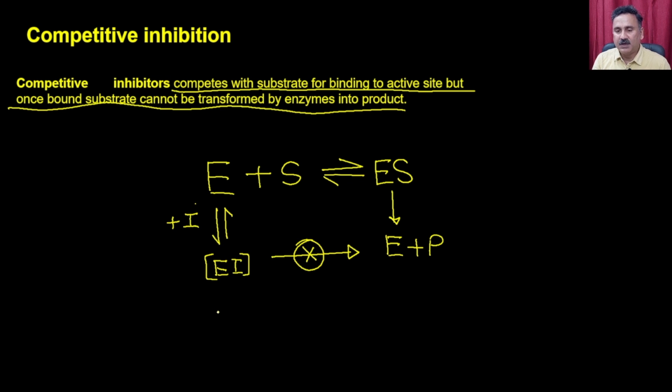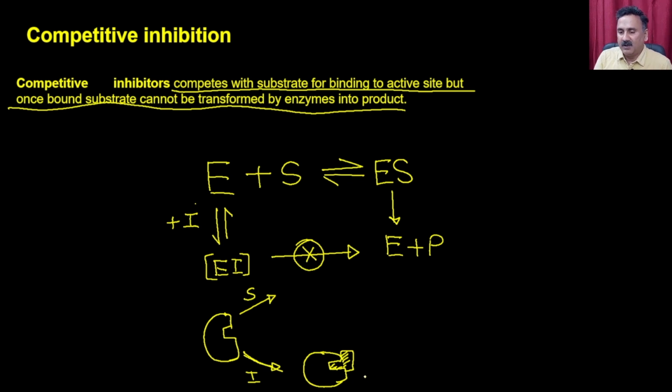Suppose you have an enzyme, and suppose this is the active site. It can take up the substrate on one side, and it can take up the inhibitor on the other side. If it takes the inhibitor, it forms the enzyme inhibitor complex. This is the inhibitor that binds, and this is the enzyme inhibitor complex.